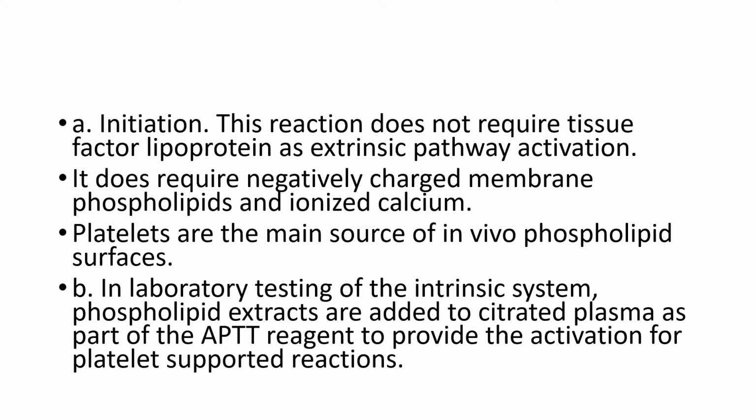Platelets are the main source of this phospholipid. Okay, if we want to measure the function of the intrinsic system, we can perform activated partial thromboplastin time, wherein the main substance phospholipid is added to citrated plasma of the APTT reagent to provide activation.